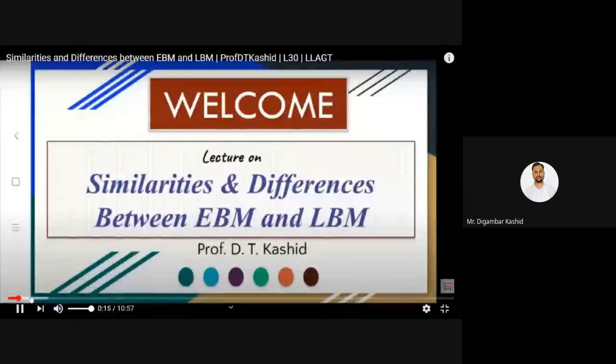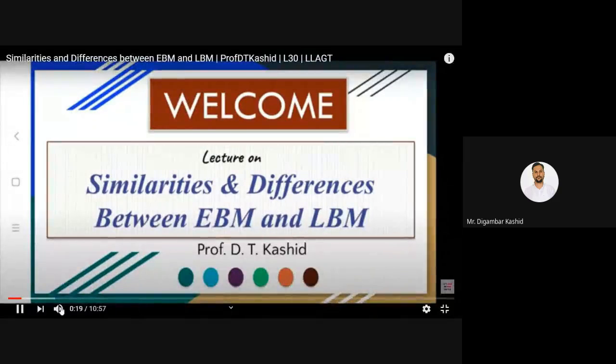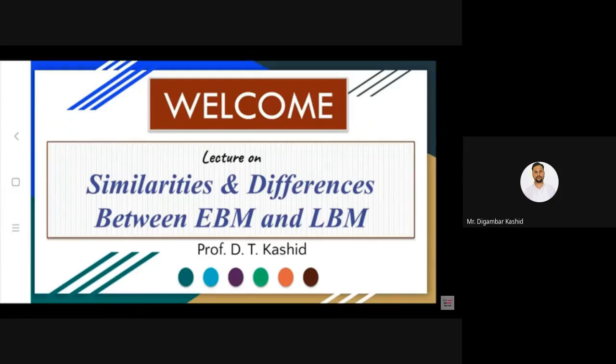In these online lectures, up till now, we have discussed all non-traditional machining processes in detail. In continuation of this, today we are going to discuss the similarities and differences between electron beam machining, that is EBM, and laser beam machining, that is LBM.